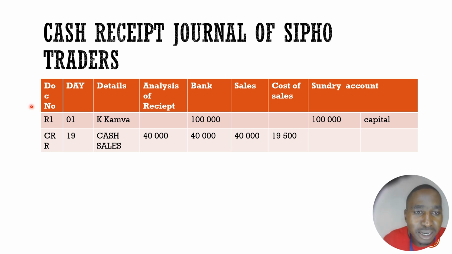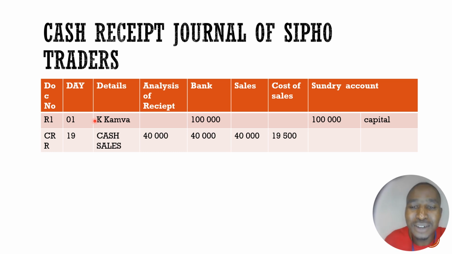Now, on the CRJ, when we're recording this, we will write CRR on the source document. What does CRR stand for? It stands for Cash Register Roll. Whenever you are doing cash sales, there is a slip next to you on the cash register roll, that roll next to the till that prints slips.